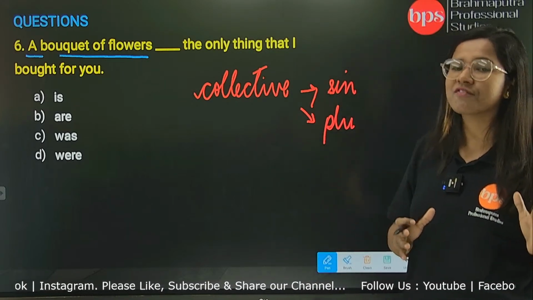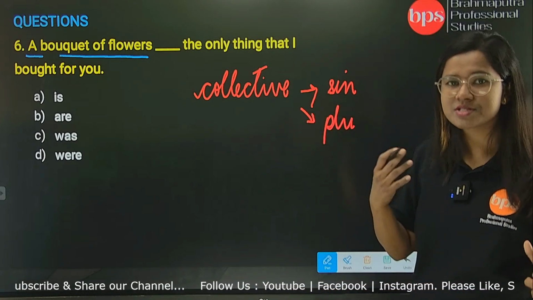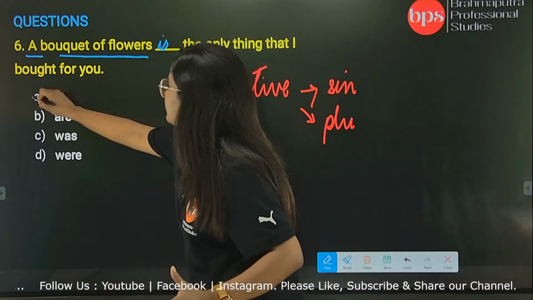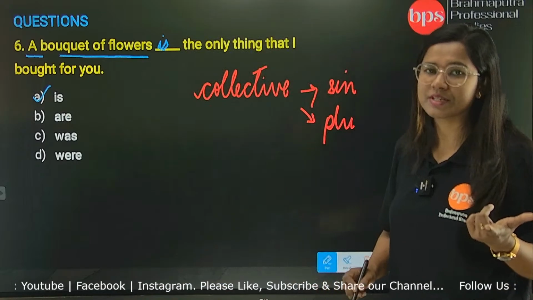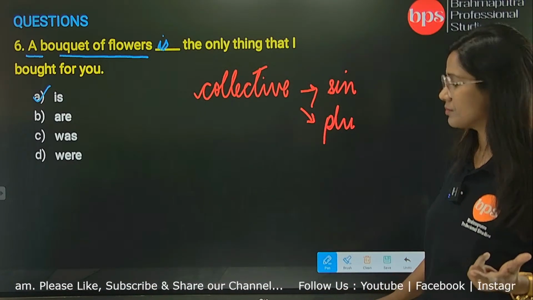So a bouquet of flowers is the only thing that I bought for you, and because it is in the present tense, it will be is. Hope you all understood the reason why we are putting the collective noun in this form.